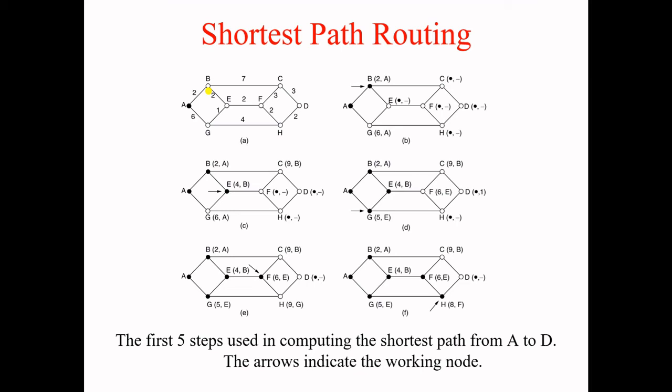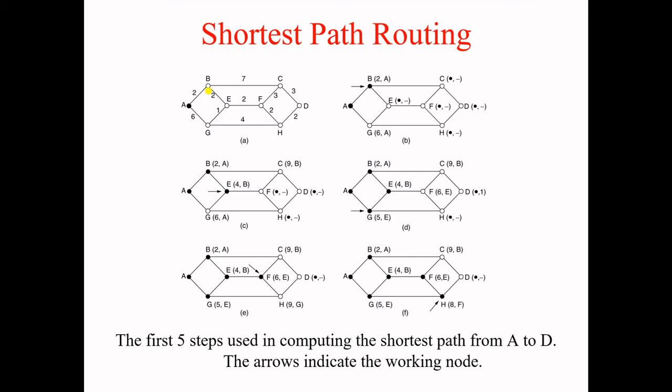So flooding obviously generates a large number of duplicate packets. In fact, we can say an infinite number, unless some measures are taken to dampen the process. One such measure is to have a hop counter contained in the header of each packet.